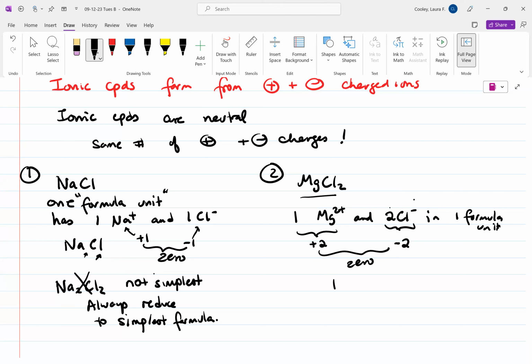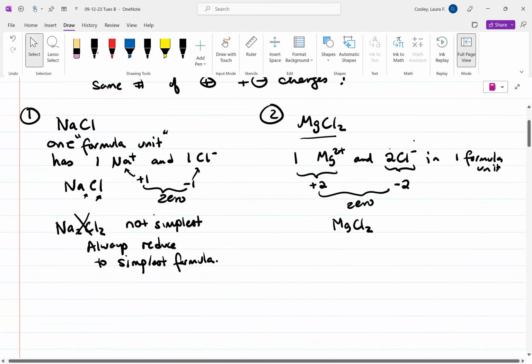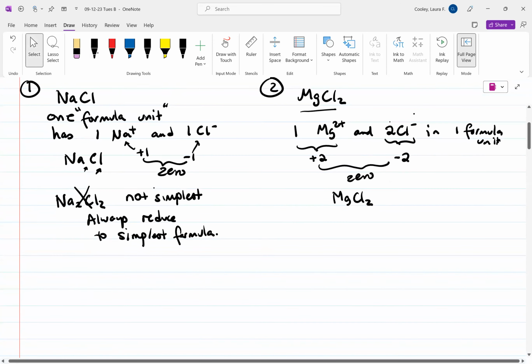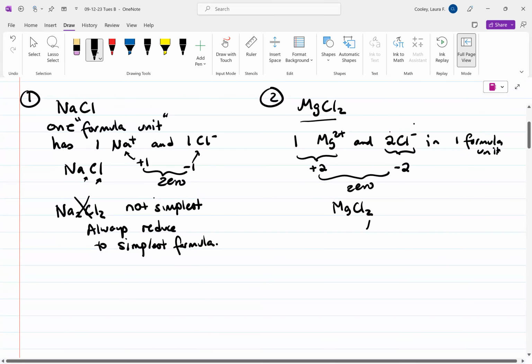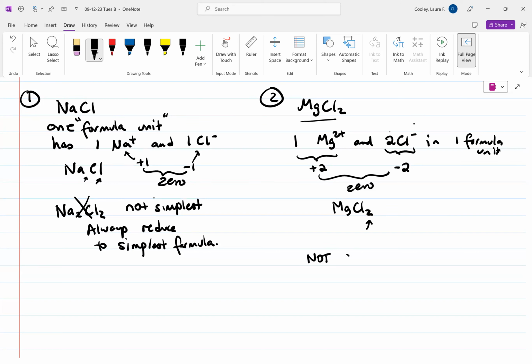And MgCl2 is the correct way to write the formula unit. Notice you have to have two Cl's to cancel the charge of the single +2 ion. So the charges always have to cancel. But please remember that these are not molecules.